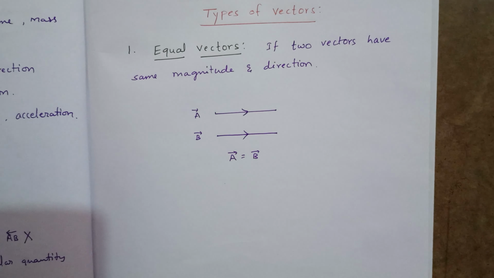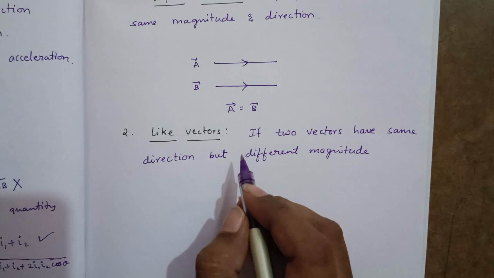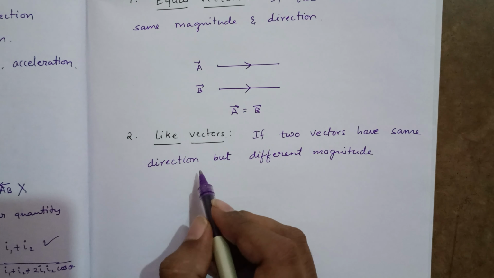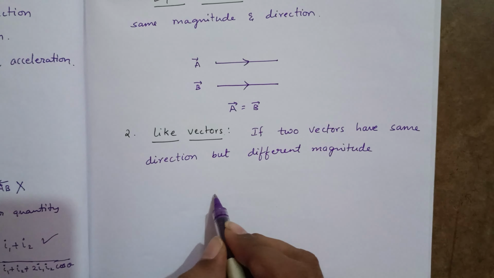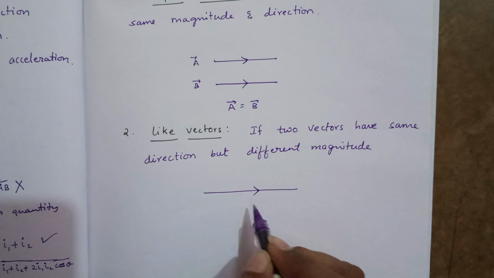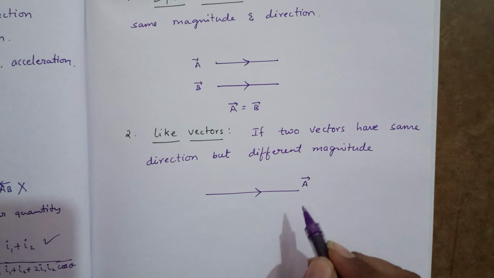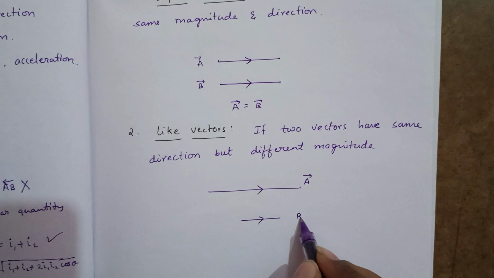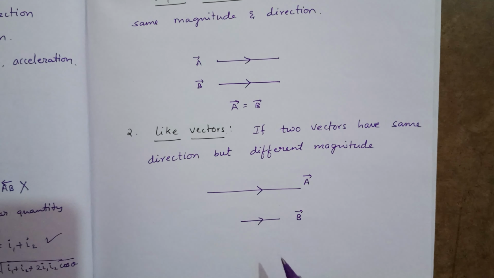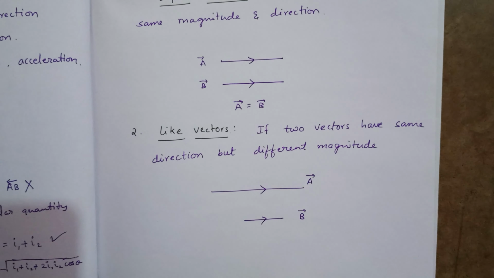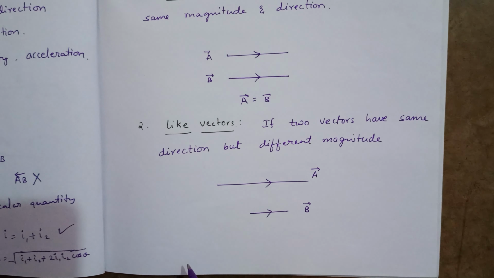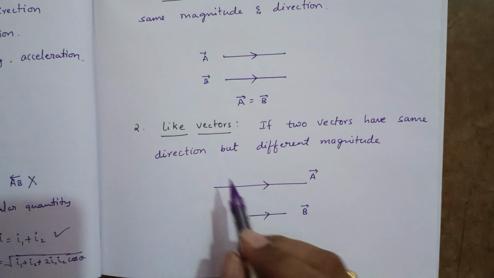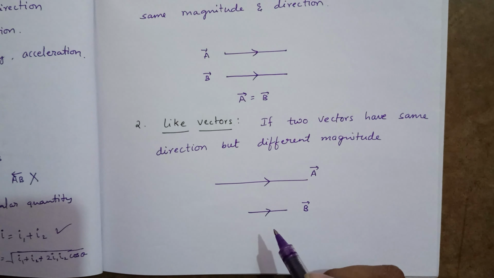Next one, like vectors. If two vectors have the same direction, this is vector A bar and this is vector B bar. Both have the same direction but different magnitude. Those vectors are said to be like vectors.